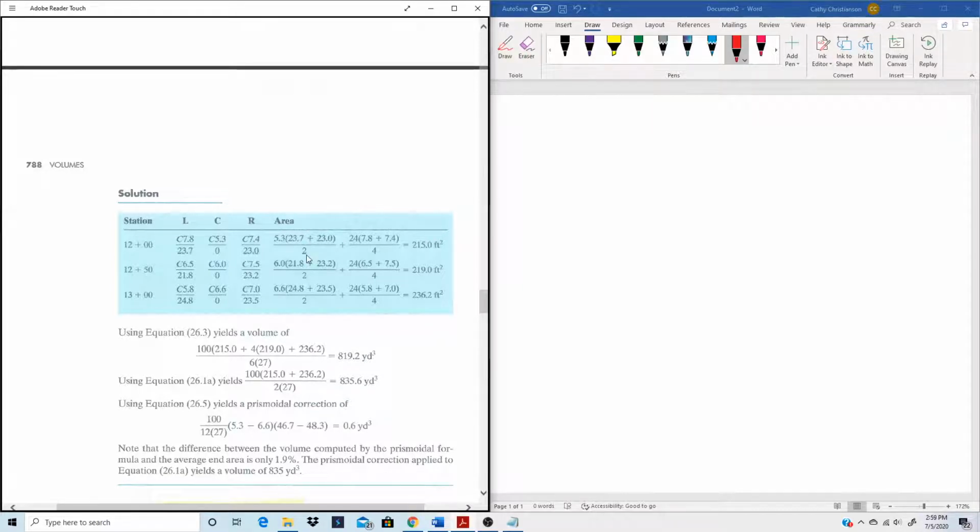Remember, we're going to use the area by a 3-level section, which is in the beginning of the chapter, on page 780.